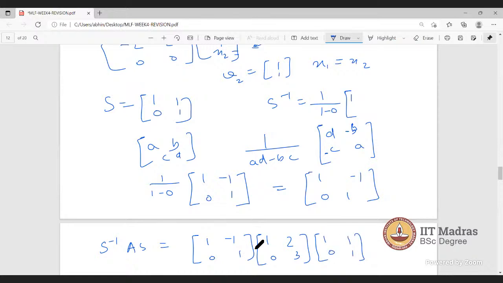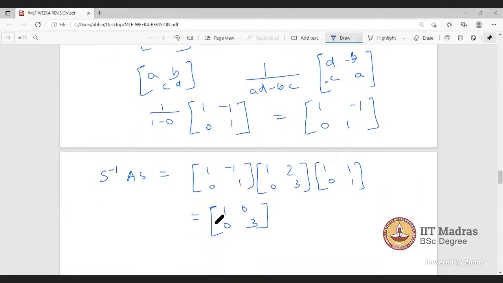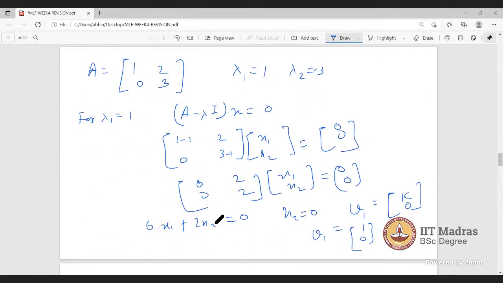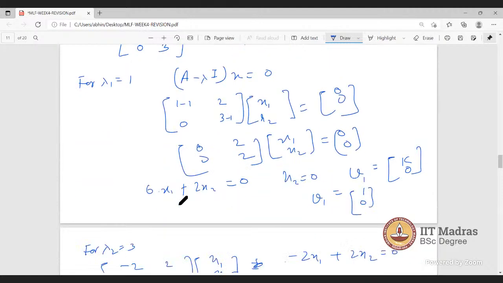If you do all this multiplication, you will get 1, 0, 0, 3. Because the eigenvalues here are 1 and 3, the diagonal matrix will be 1, 0, 0, 3.